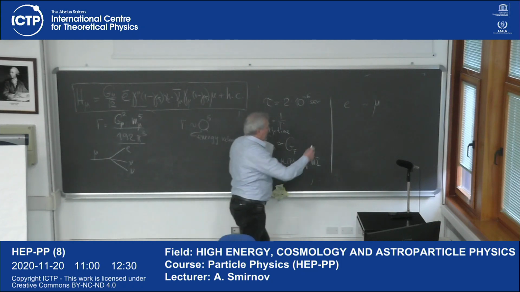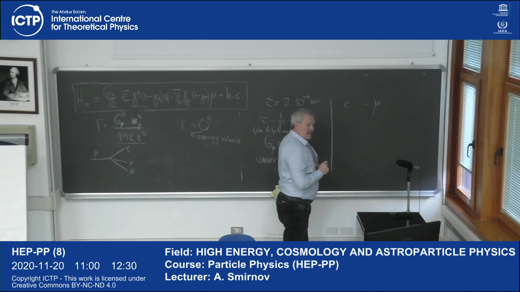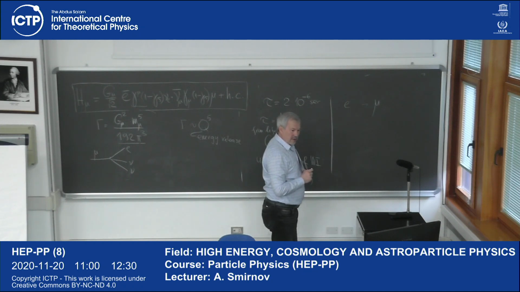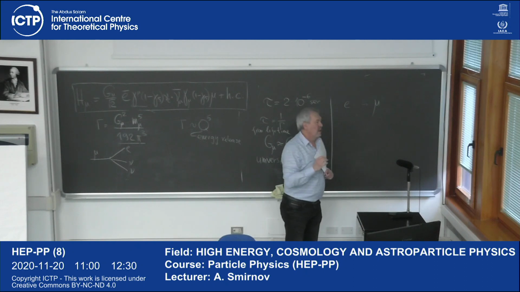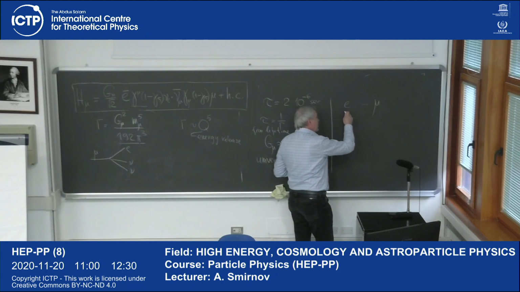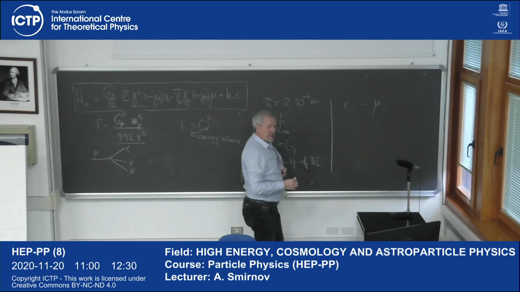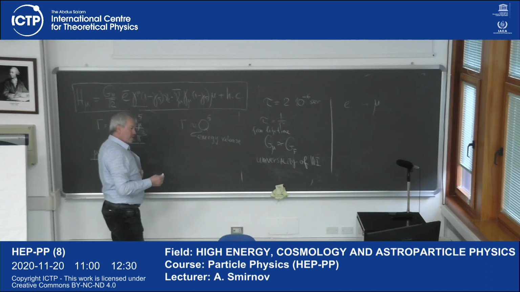So the question is why this second charged lepton exists, and then we will discuss that the third one was discovered. So why do they exist and why are the masses so different? This is the question of so-called flavor physics and flavor problem, which we still have no answer to.